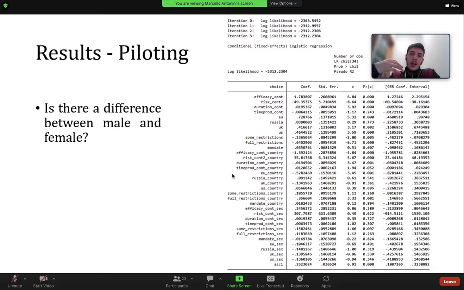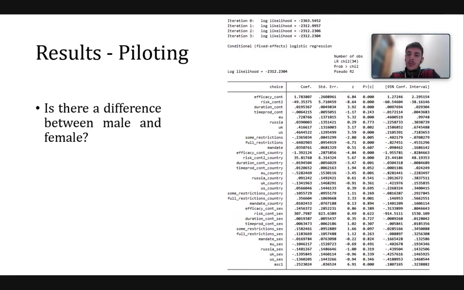So in a lab experiment, the only way in which we can investigate this is by creating an interaction term that you can see here, okay? In this case, you can see that for all the parameters, the interaction terms between the attributes and the variable sex are not statistically significant.